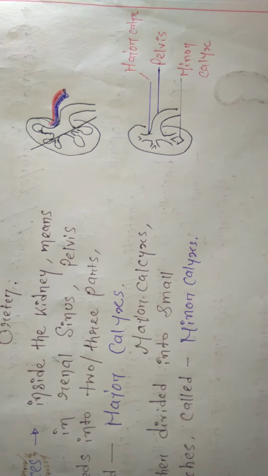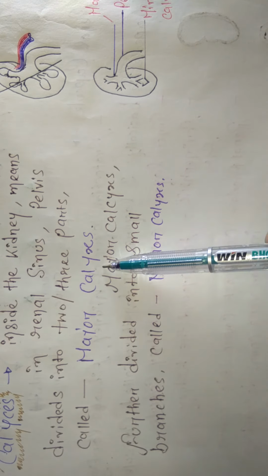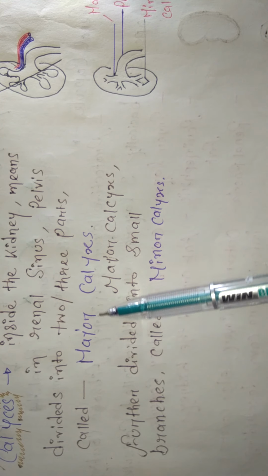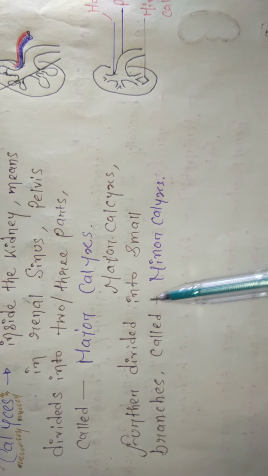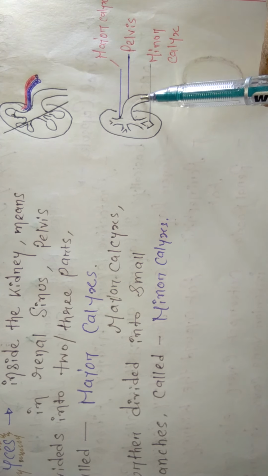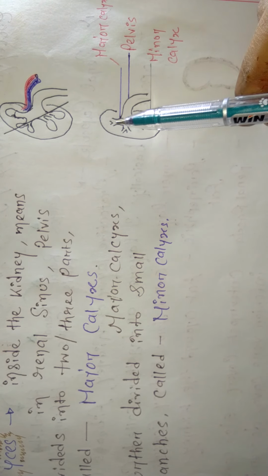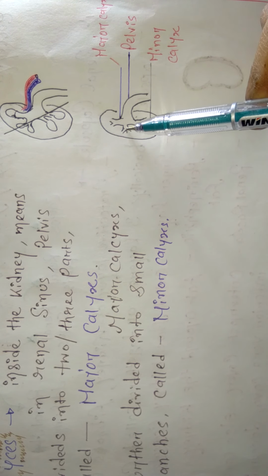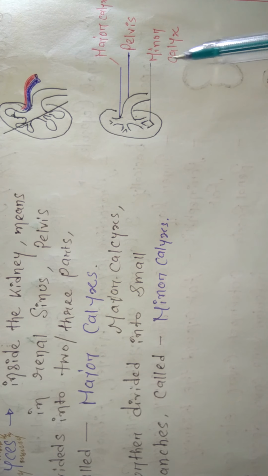The major calyces then further divide into smaller branches, which are called minor calyces.